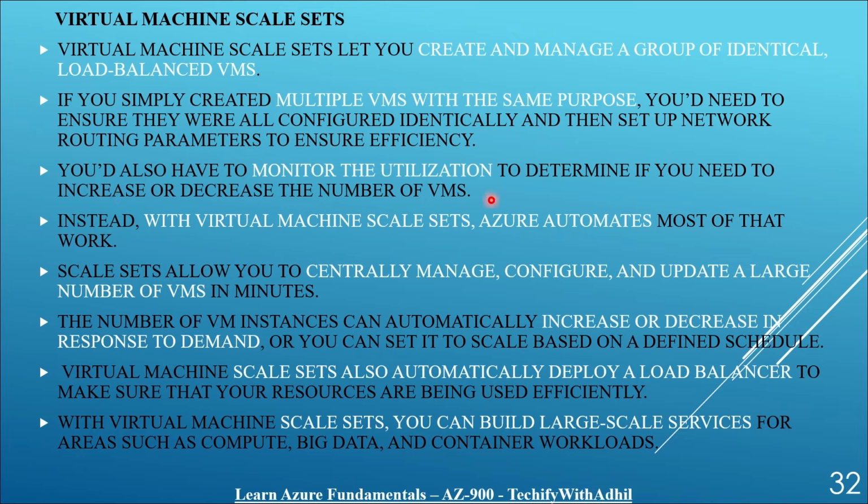So we can create a group of identical VMs so that, based on the traffic or requirement, your VMs will share the load. That is called the scale set. It is a group of identical load balanced VMs doing the same job, so it can route traffic based on network load and efficiency is ensured.